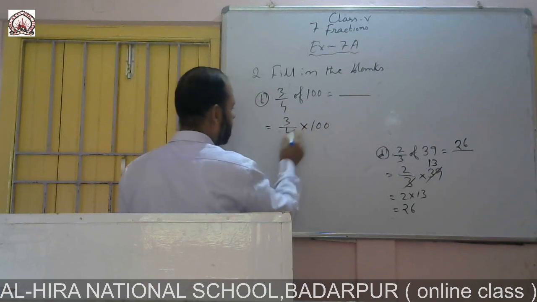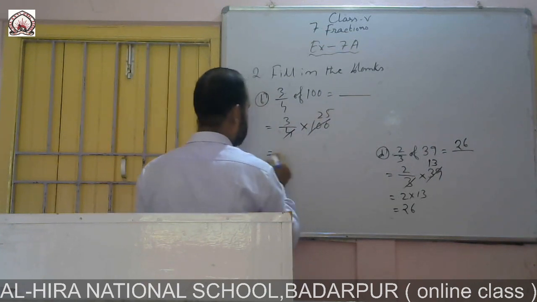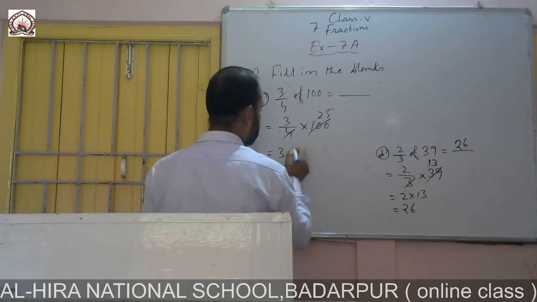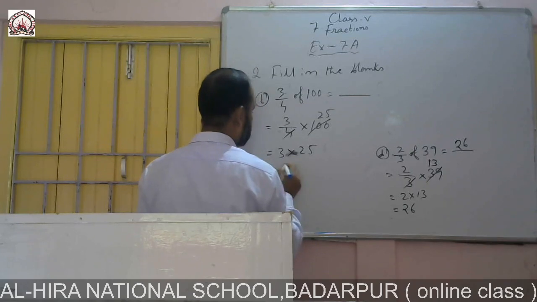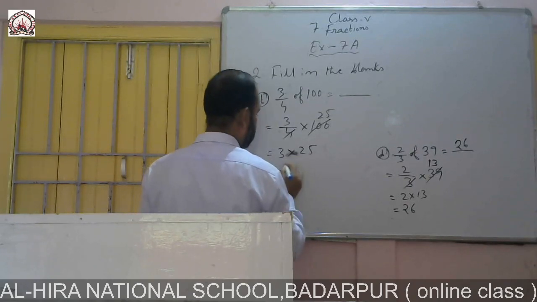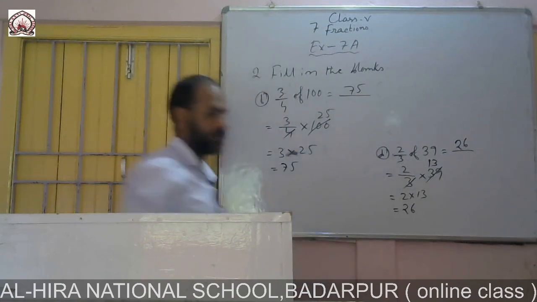So 4 1s are 4 and 4 25s are 100. 3 into 25 equal to, 3 25s are 75. Answer is 75.